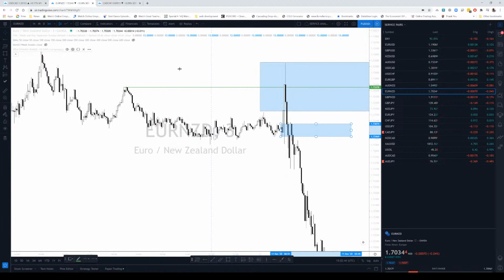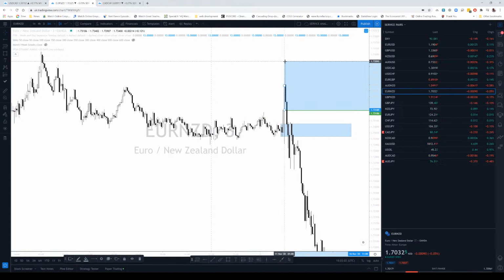So if I draw my line there, okay, that's my last up candle. So that's what I'm expecting price to now come to, and I can sell short here with a stop above the wick.